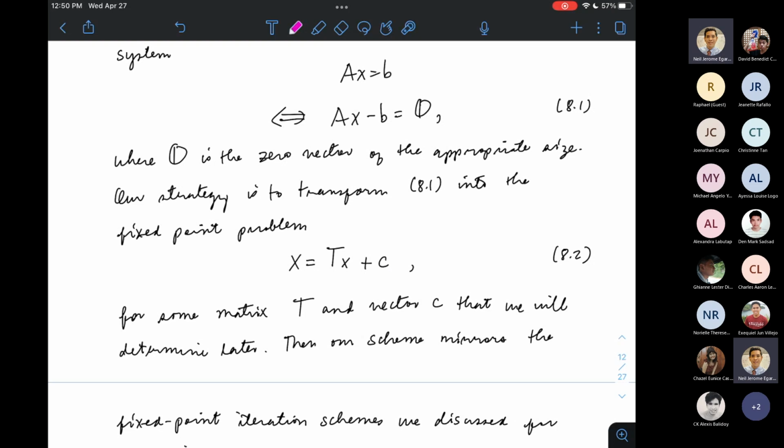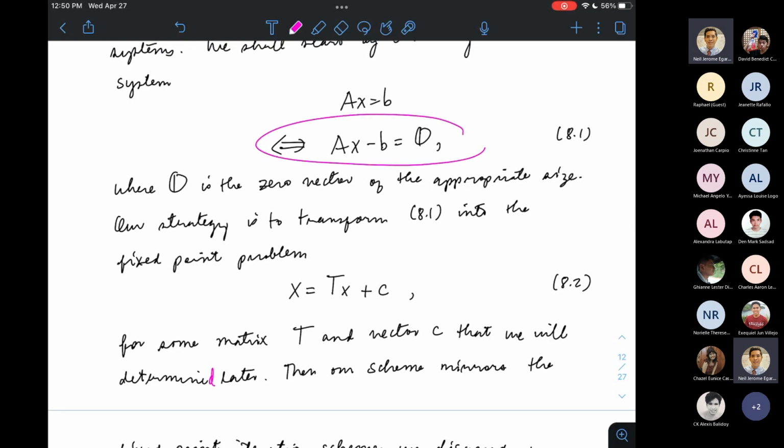They will be determined so that the roots of this equation are equal to the fixed point x of Tx plus c. So that means the solution of fixed point equation 8.2 should be equal to the roots of equation 8.1. That is how we find T.